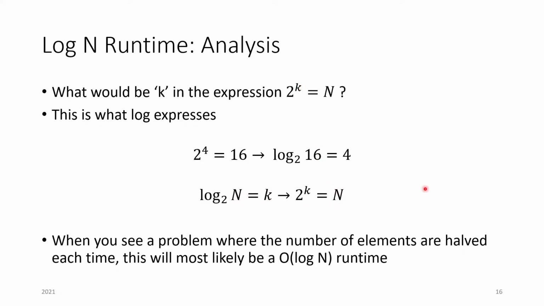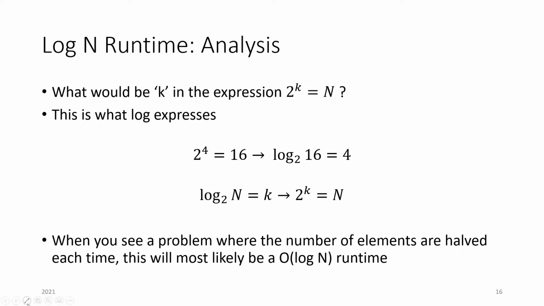So whenever you see a problem where the number of elements is halved each time, this is going to be an O of log n runtime. Conversely, when you see a problem where the number of elements is doubled each time, this is going to be an O of 2 to the power of n runtime instead.